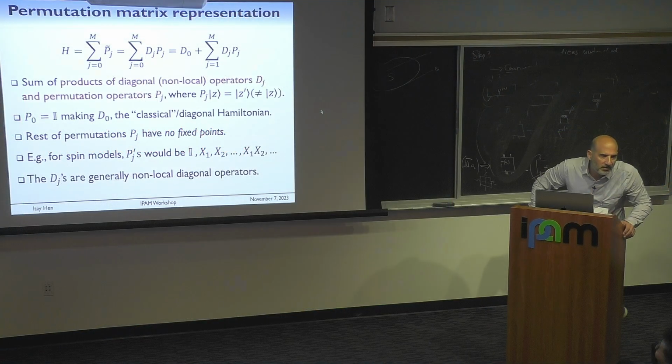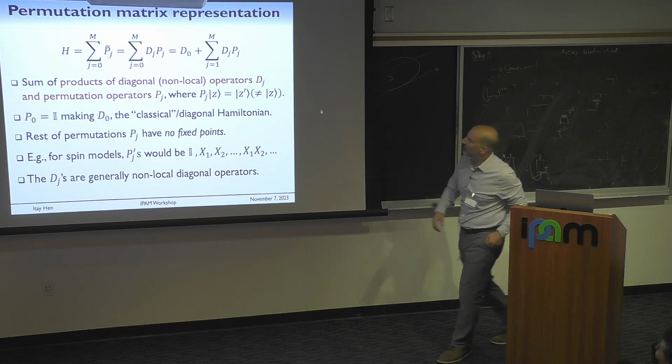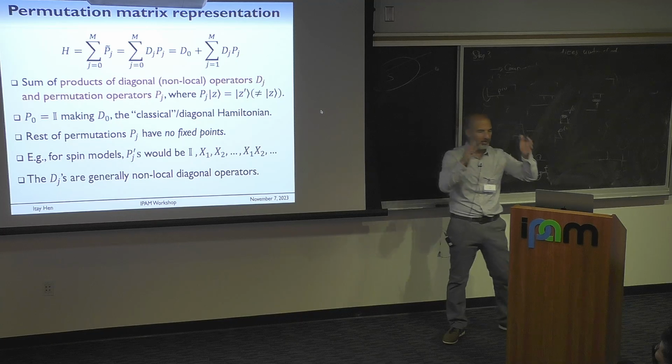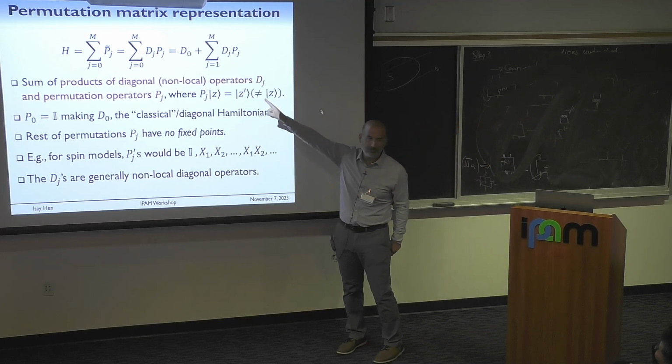Is there a reason you're excluding Y's? Because we often take a Hamiltonian and write it as a sum of Pauli strings, and oftentimes Y's will show up in that context. Not for any reason at all. Why am I excluding? Because a Y is a Z times X, okay? Remember that our Hamiltonian has terms that are diagonals times permutations.